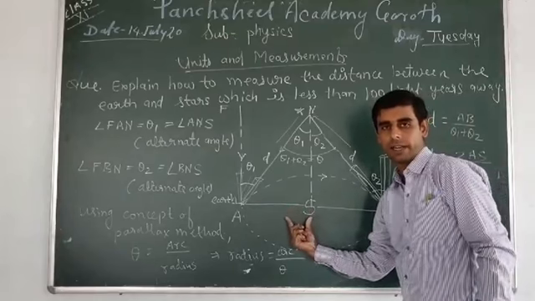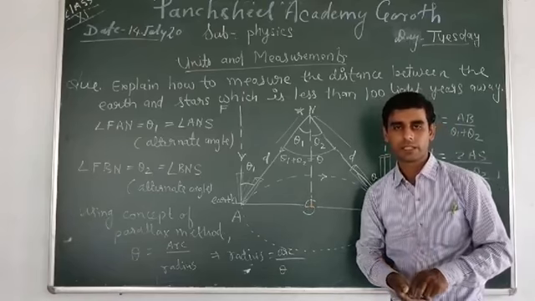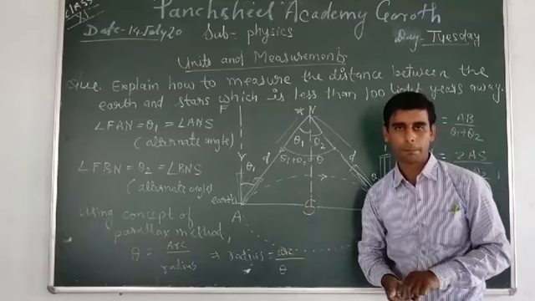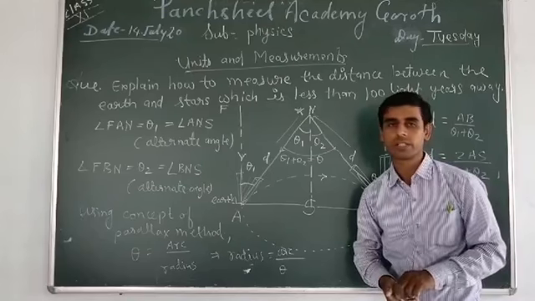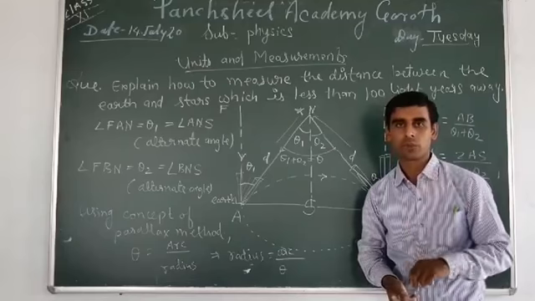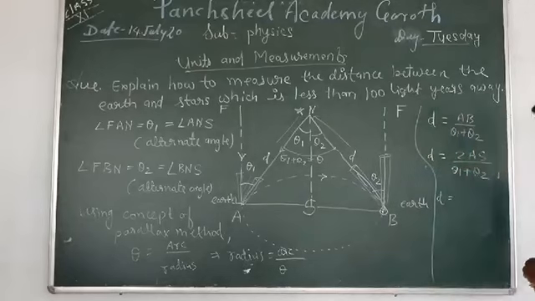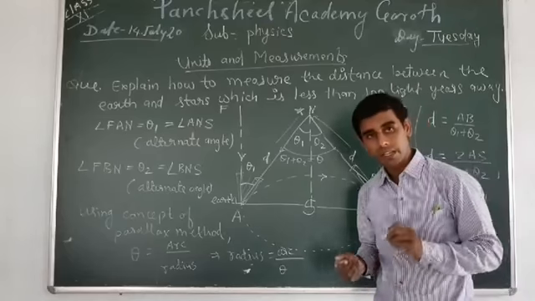Remember that in our previous lecture we discussed the practical units of large distances, that is the astronomical unit and light years. So 2AS means 2 AU. What is AU? Astronomical unit. Why astronomical unit?